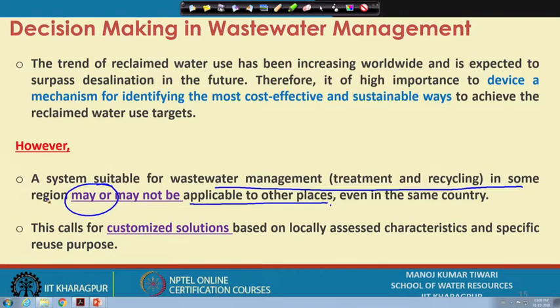So, they may or may not be replicable, and they may not be replicable even in the same country, particularly for larger regions. Something which is applicable in the state of West Bengal may not be applicable in the state of Rajasthan because of different attributes. Something which is applicable in a southern state, which generally has warmer climates, may not be applicable to northern regions because of different climatic conditions.